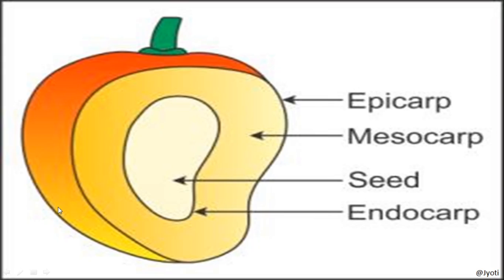Then the outermost red or orange color thin layer is there, that is the epicarp. So what are the three layers of pericarp? Epi, meso and endocarp. Then at the center the seed is present. So this is the picture of a mango which shows clearly three distinct layers of a pericarp.